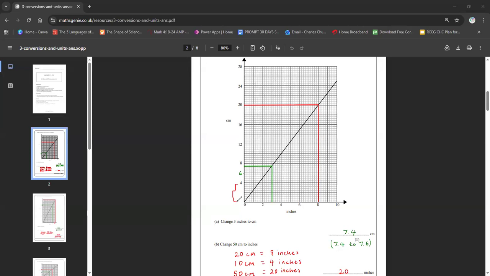Mason, can you hear me? I said let's focus on the green line for now. What is the scale on the y-axis? What is the scale on the centimeter axis?